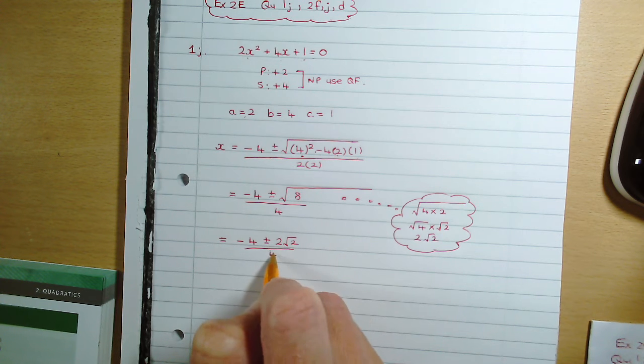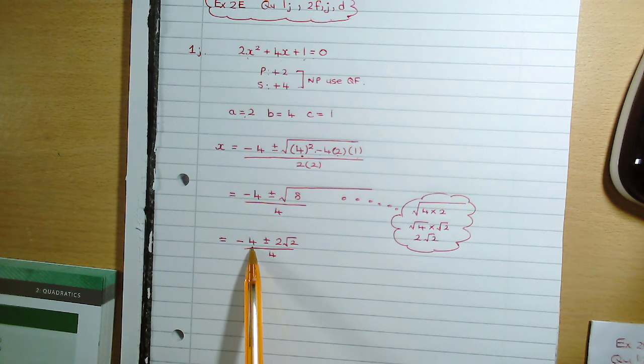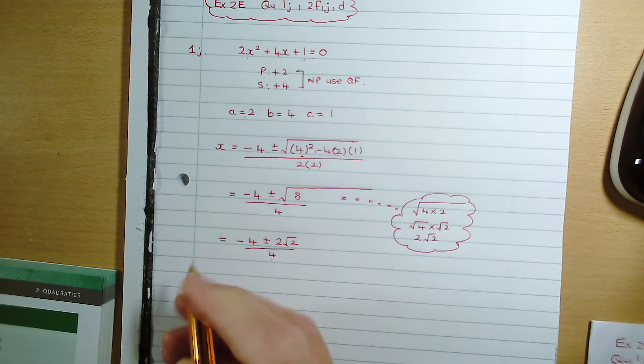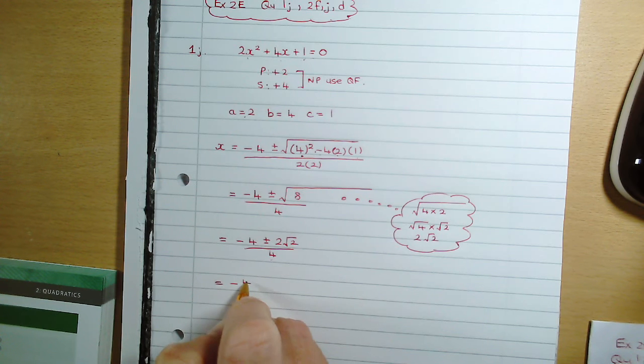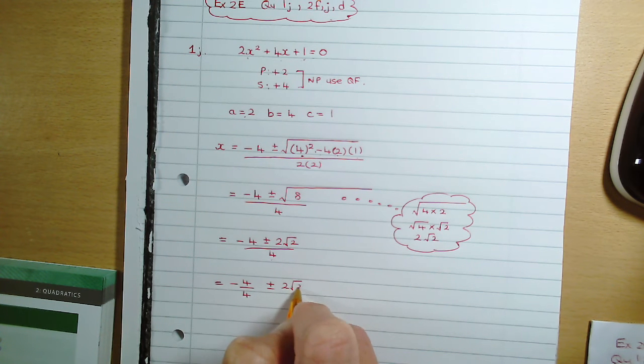4. Now, the book may leave it as a single fraction, but I always advise you to break up the numerator into 2 separate fractions here. So we're going to divide each term in the numerator by 4. So that's the same as minus 4 over 4 plus or minus 2 root 2 over 4.